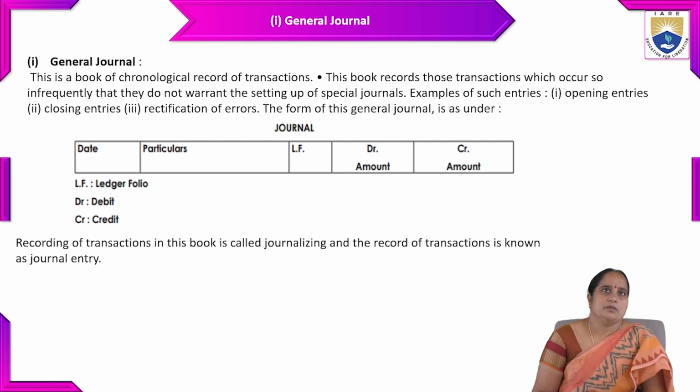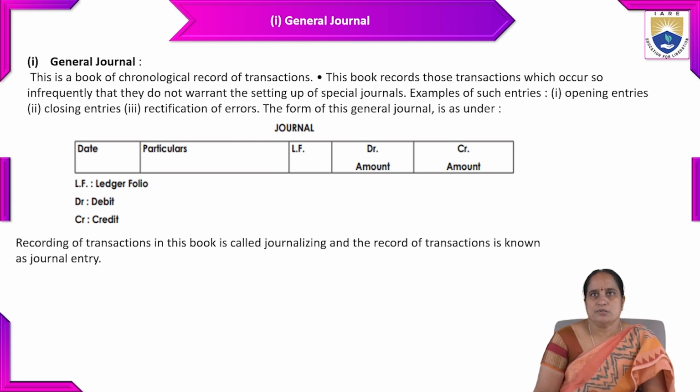Coming to general journal, this is a book of chronological record of transactions. This book records those transactions which occur so infrequently that they do not warrant the setting up of special journals. Examples: opening entries, closing entries, rectification of errors. So very occasionally we have this kind of entries, and that can be mentioned in the general journal.